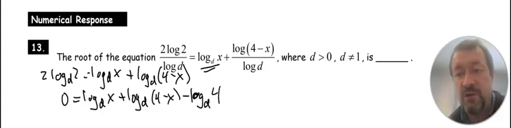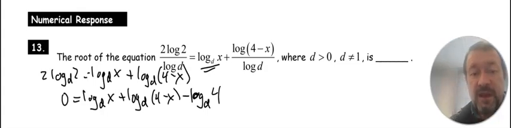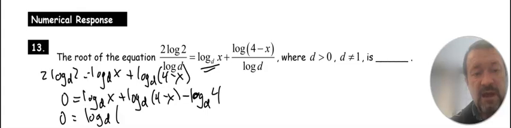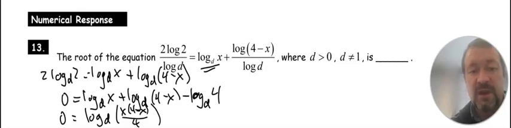I'm just going to move the 2 up. Now these are all in terms of a single log base, so I can put those all together. So this is going to be the log base d of x multiplied by 4 minus x all over 4. A little bit of a mess there, but that's okay.